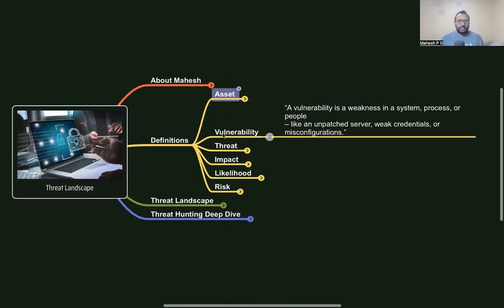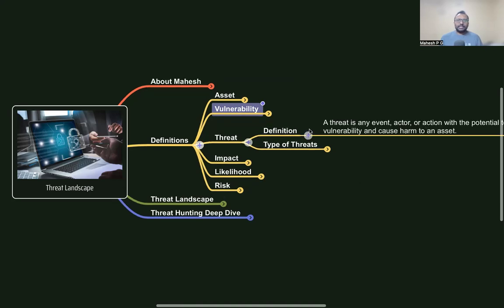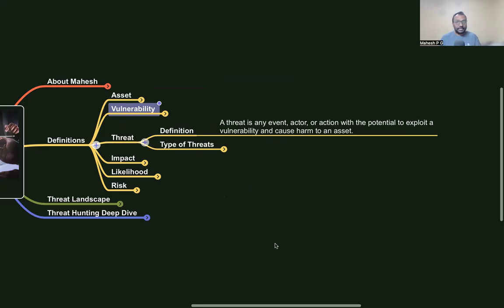Next comes the threat. There is a definition, and we will talk about the different types of threats as well. A threat is any event, actor, or anything which exploits a vulnerability and results in harm.